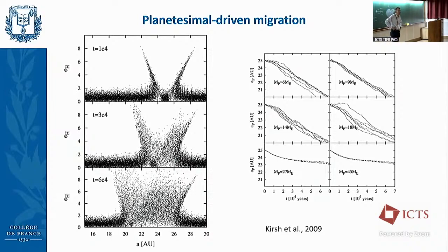But you could have also late formations, so that when the planet forms, there is not much lifetime of the disk to remain. Some of these systems can be also some planets form in the disk and migrate and capture in resonance, and then the planet that you don't see in resonance forms on a longer time scale out of what remains, like in the terrestrial planets in the solar system.